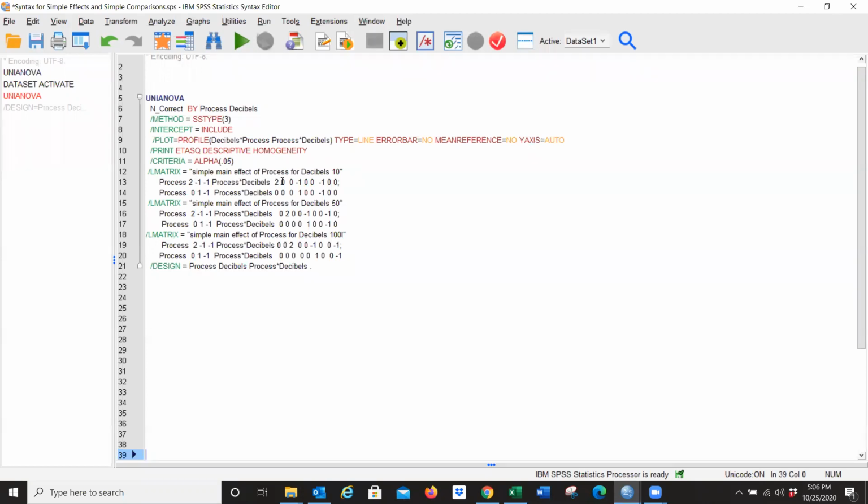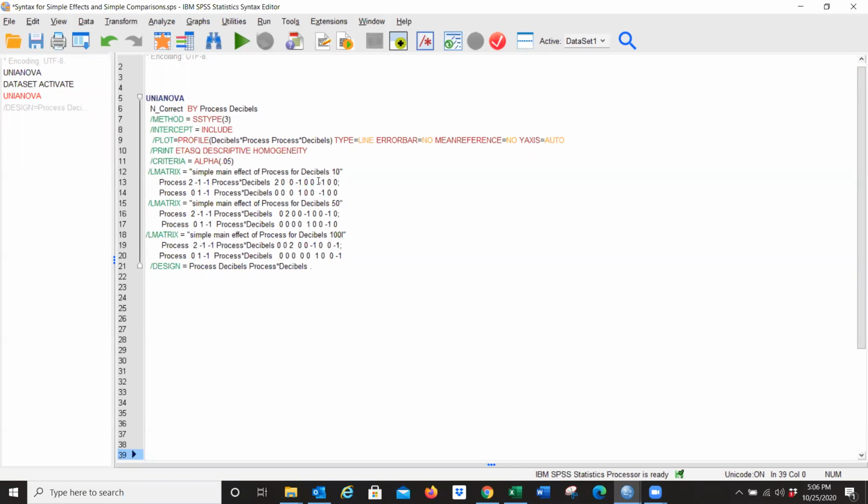We don't care about, so we put a 0 in low level of processing 50 decibels and a 0 for low level of processing 100 decibels. Then we go back up and we've got -1 for medium processing 10 decibels, 0 for medium processing 50, 0 for medium processing 100 decibels.